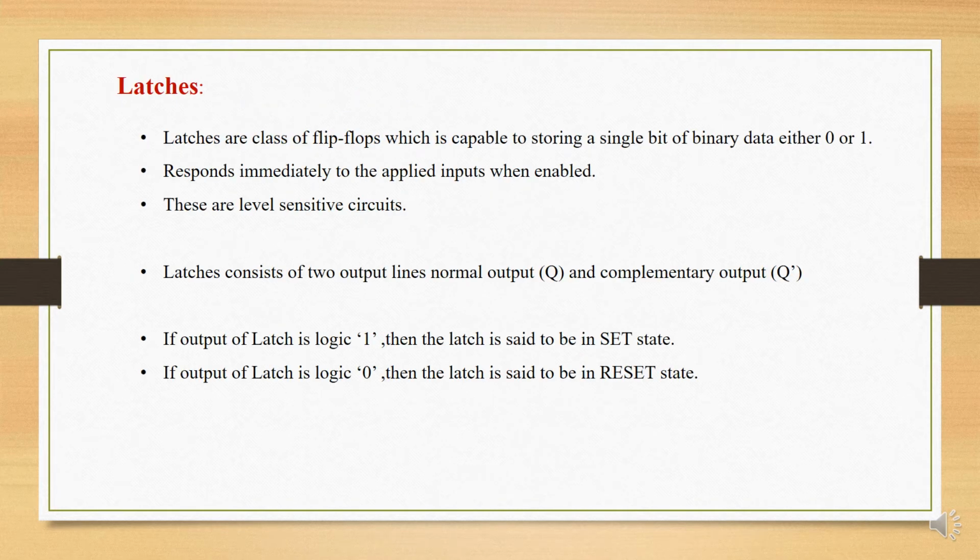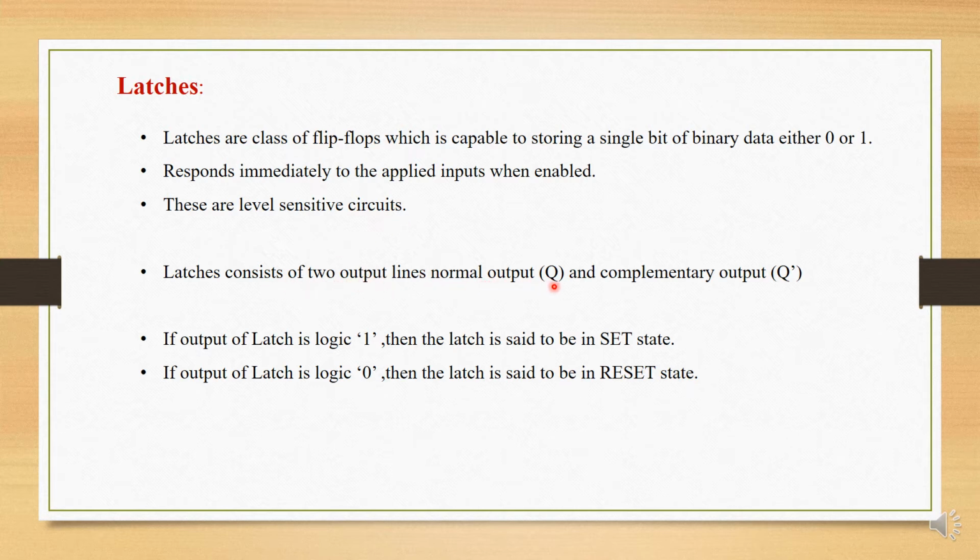Let us now understand what latches are. Latches are a class of flip-flops capable of storing either 0 or 1, that is, a single bit of binary data. A latch responds immediately to the applied inputs when enabled. These are level sensitive circuits. So latches are always level sensitive circuits. A latch has two output lines.